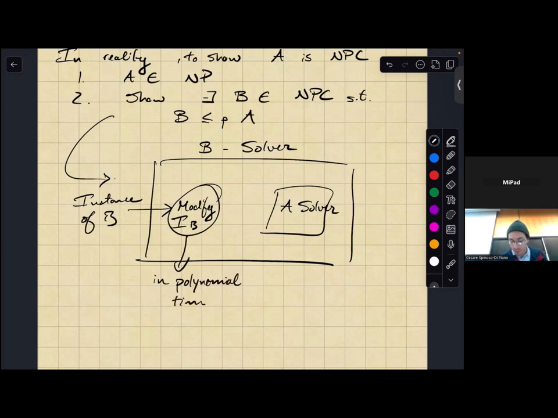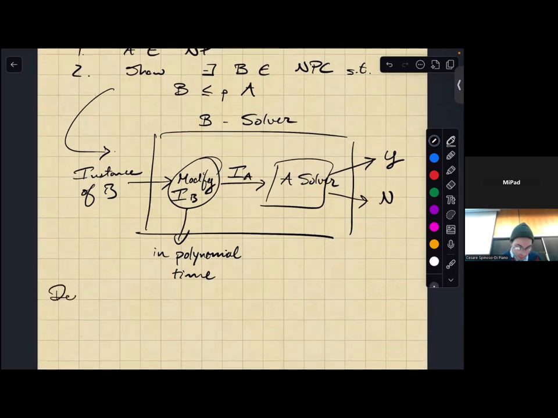Then you modify it such that you get an instance of the problem A, and you design it such that when the solver says yes, then the answer to your original problem was yes, and when your solver says no, the answer to your original problem was no.